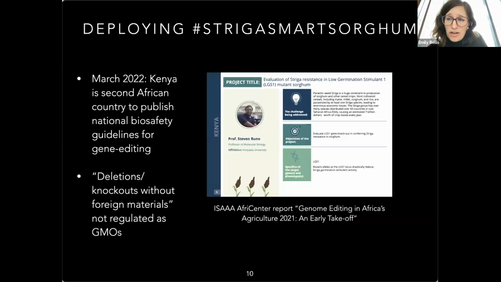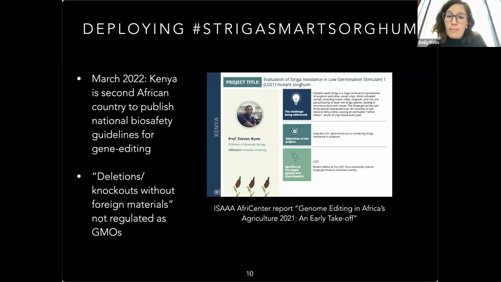And I want to fast forward a few years because I think this has been a really important discovery that's enabled the development now of what we'll call Striga Smart Sorghum, which is the tagline that my colleague is using for this, these Striga Smart varieties.